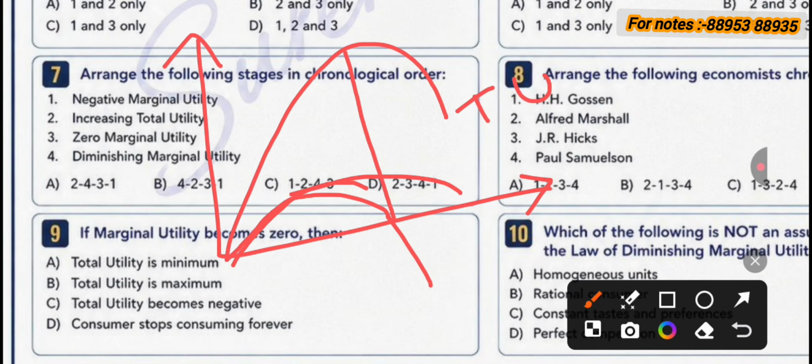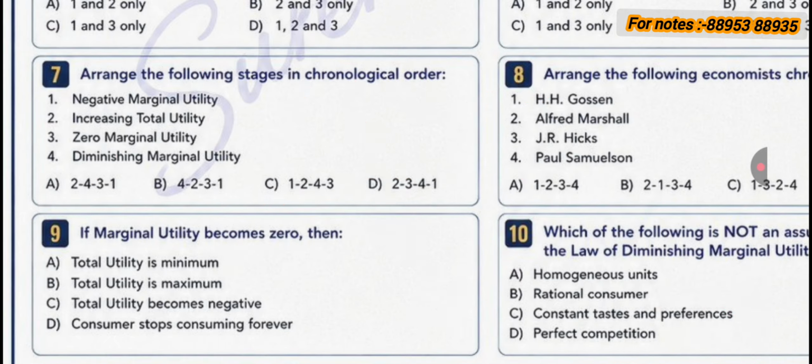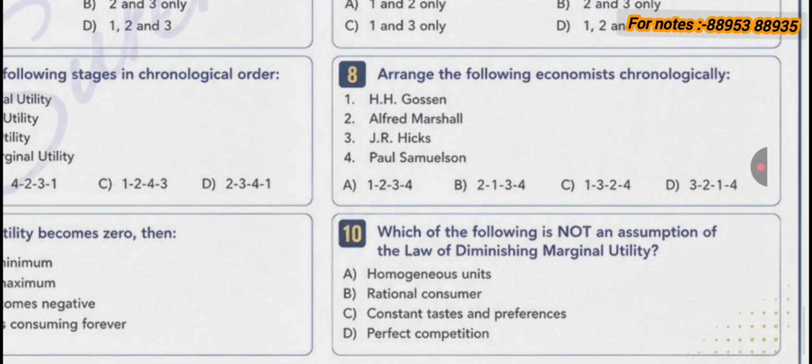This is increasing total utility, then diminishing marginal utility. This is diminishing marginal utility, then zero marginal utility here, after that negative marginal utility. This is all about this question. I hope you all understood. Now move to the next question, which is question number 8.